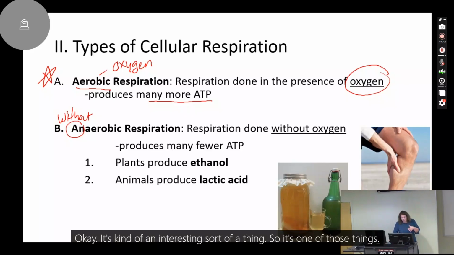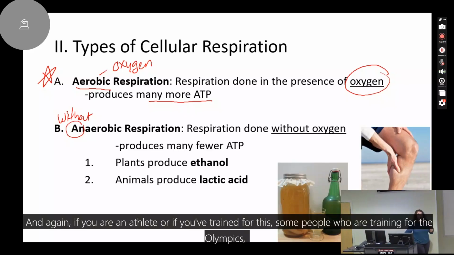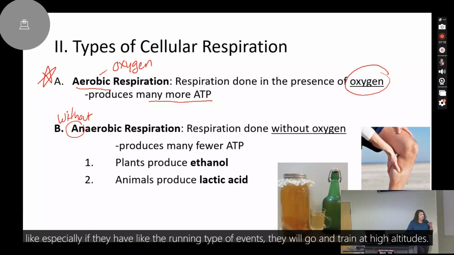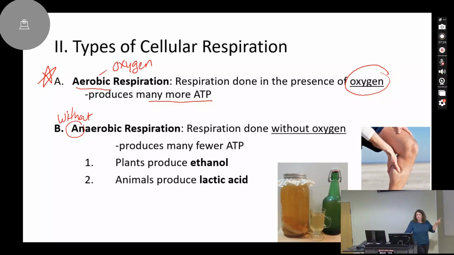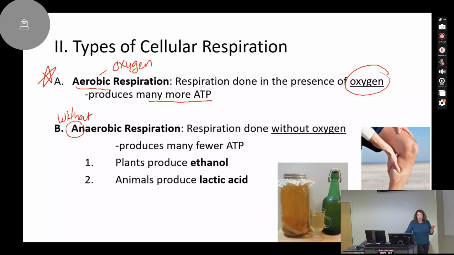So it's one of those things, and it's different for different people. And again, if you are an athlete or if you've trained for this, some people who are training for the Olympics, especially for the running type of events, will go and train at high altitudes. They'll go to Colorado or somewhere else because the air is thinner there.